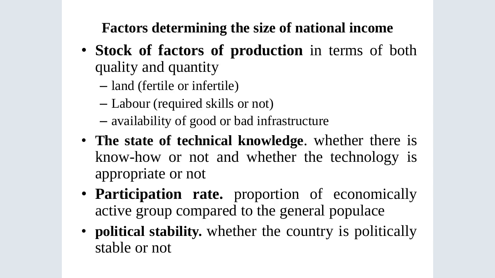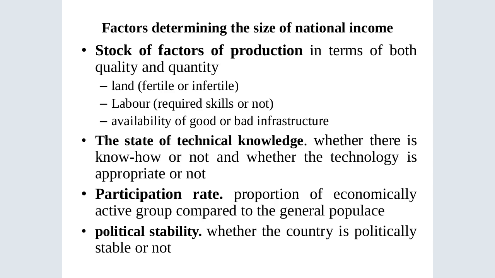We also have another factor, which is political stability. Political stability also determines the level or the size of the national income. If the country is politically stable, it encourages more economic activities to take place, and of course that contributes to higher national income.